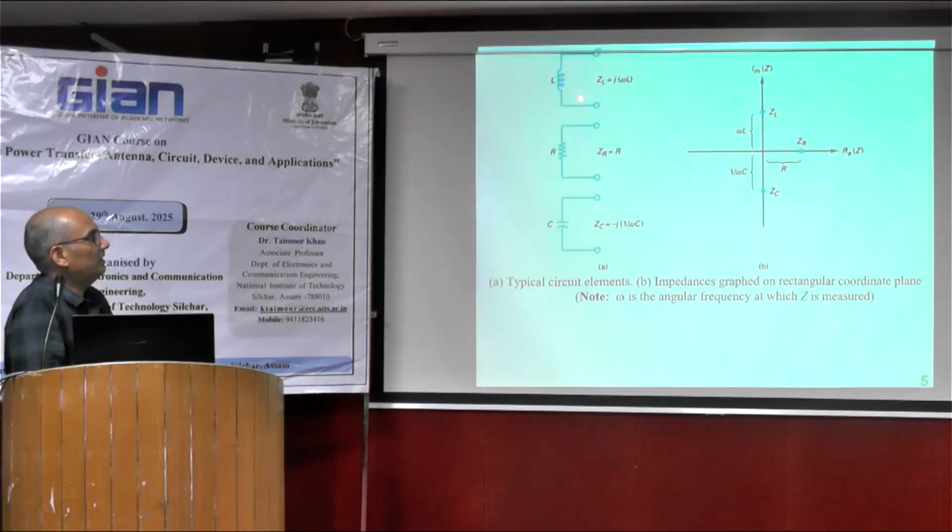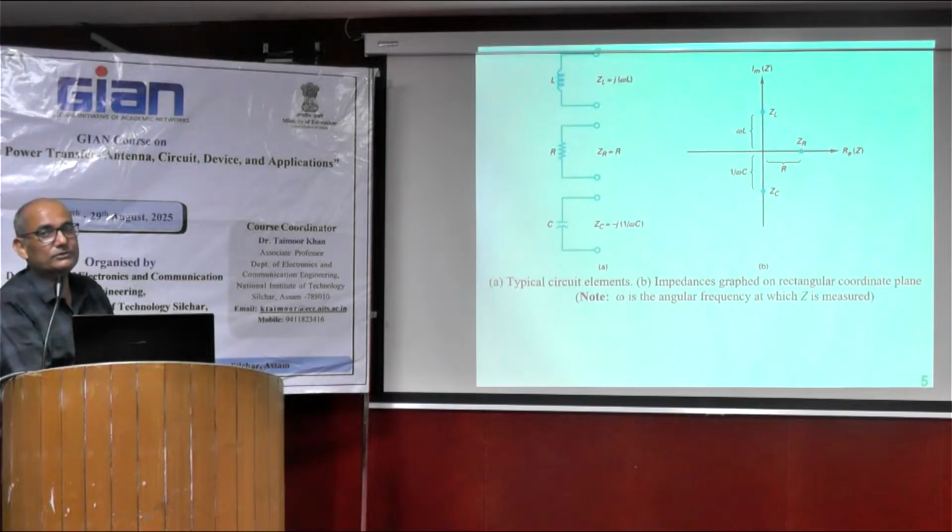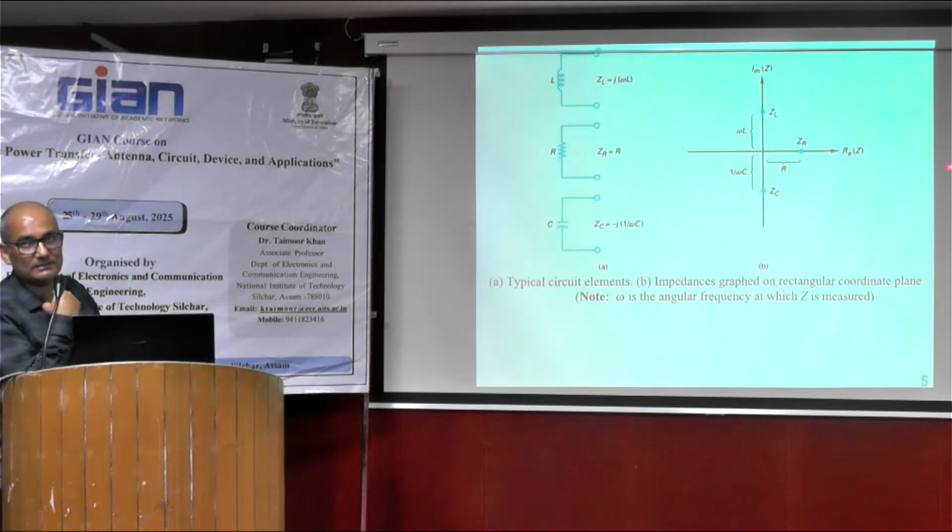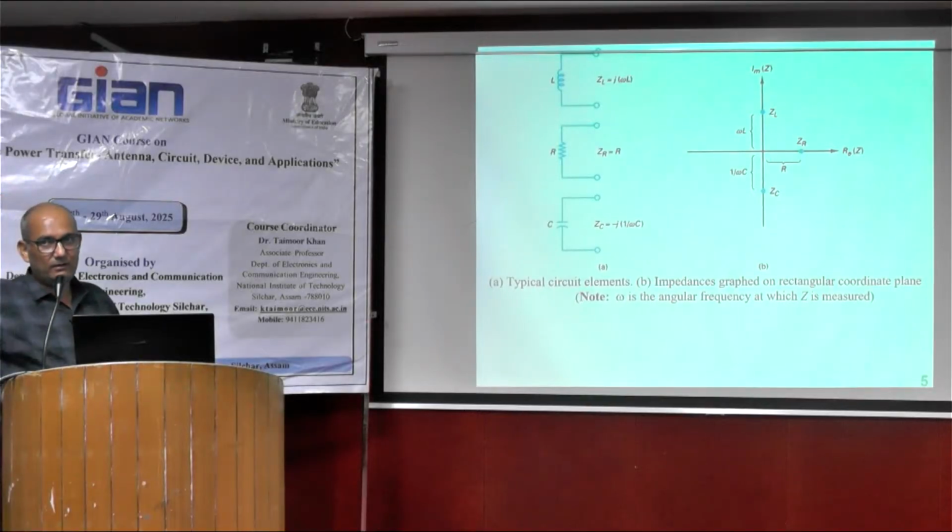For resistance, Z_R equals R. For inductive reactance, Z_L equals j omega L. For capacitive reactance, Z_C equals 1 over j omega C, or minus j upon omega C. What should be the range of R, Z_L or Z_C? Resistance goes from 0 to infinity, inductance also goes from 0 to infinity, and capacitance also goes from 0 to infinity. Inductance directly affects the inductive reactance because Z_L is directly proportional to L, but Z_C is inversely proportional to C. Infinite capacitance will give you zero reactance because 1 over infinity will be 0.